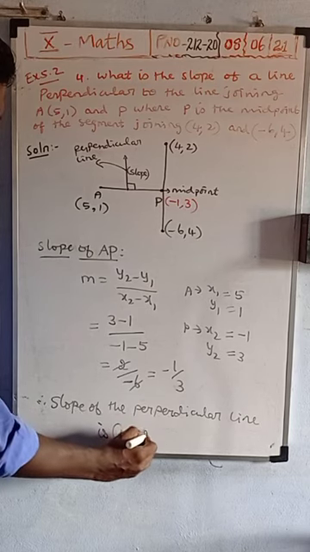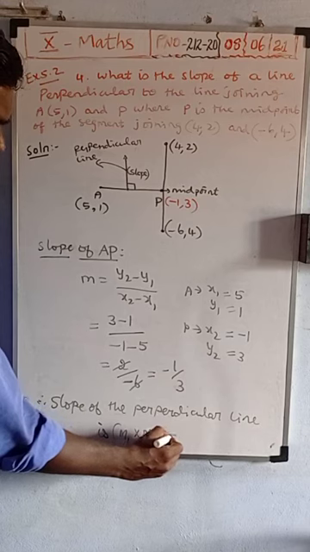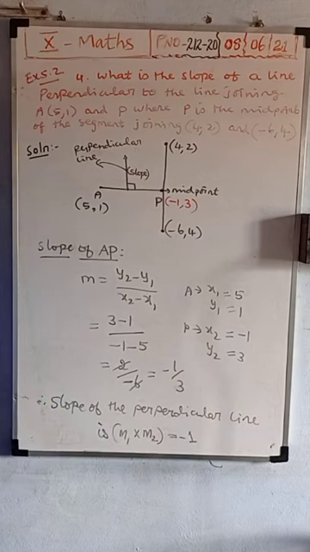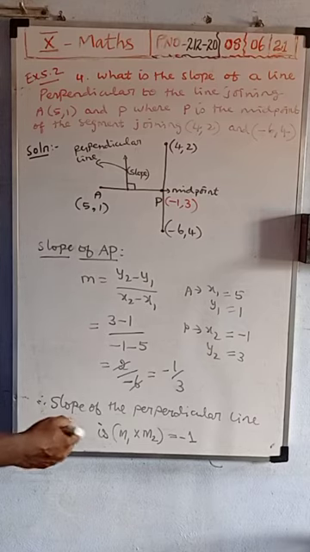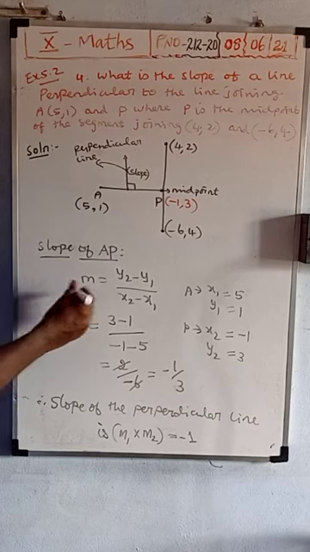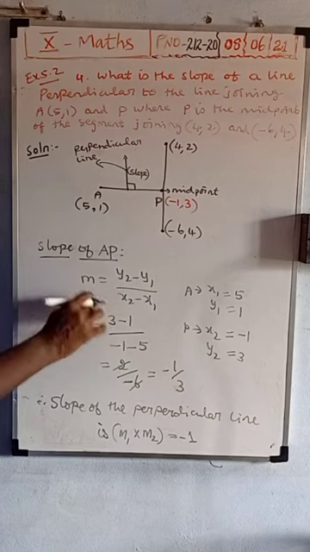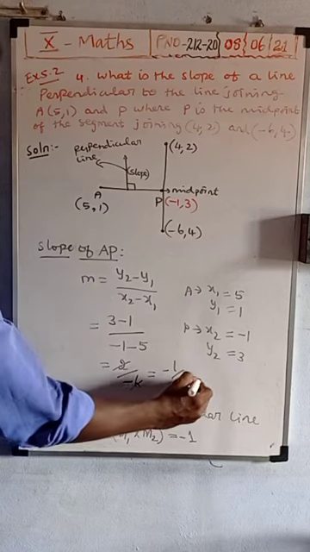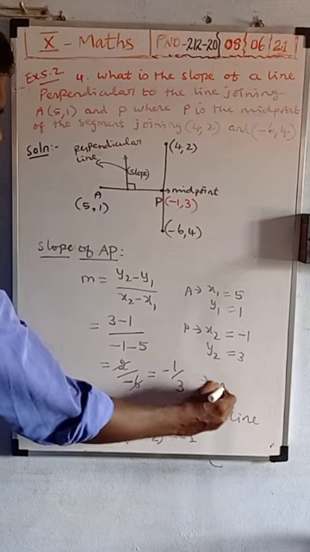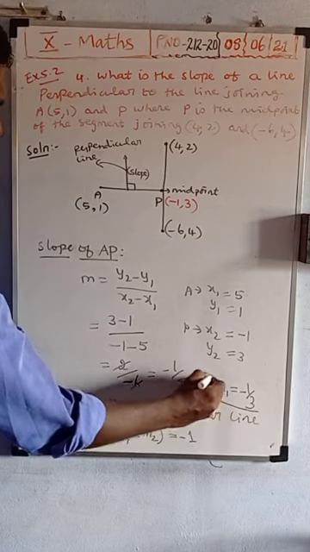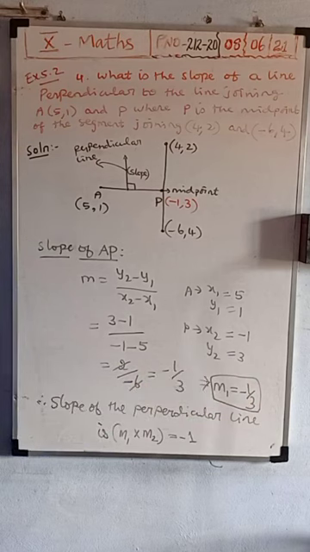If two lines are perpendicular, M1 into M2 is equal to -1. The product of slopes is -1. Therefore here M1 you take as the slope of AP. This is M1, and M1 is -1 by 3. Slope of AP you consider as M1.